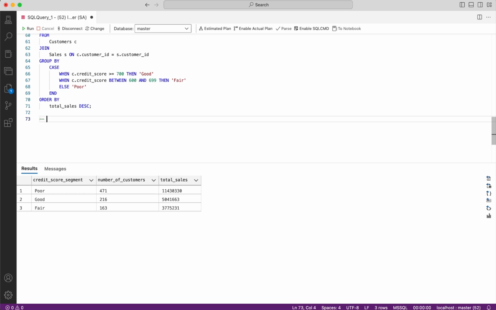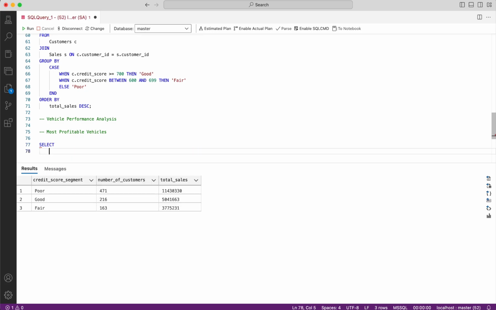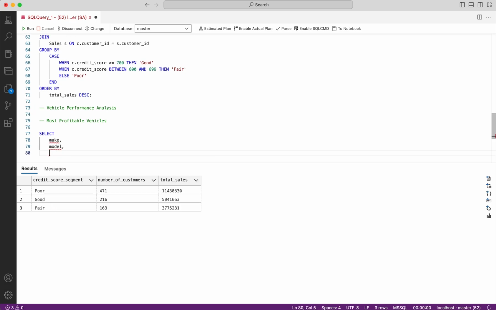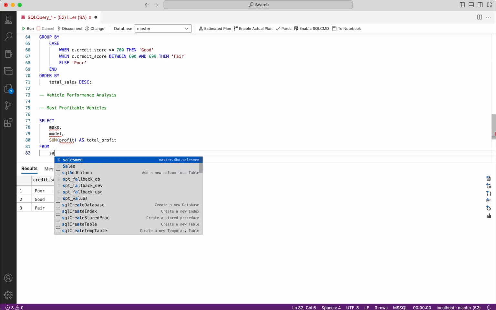How about we do a vehicle performance analysis, most profitable vehicles. Select make, model, and a sum of profit as total profit from sales.